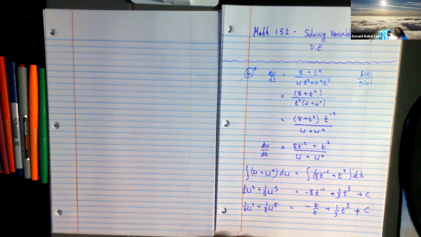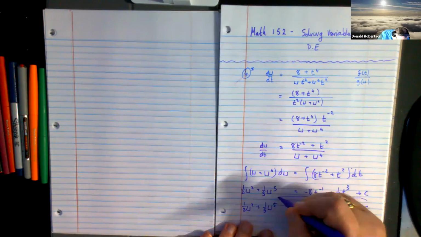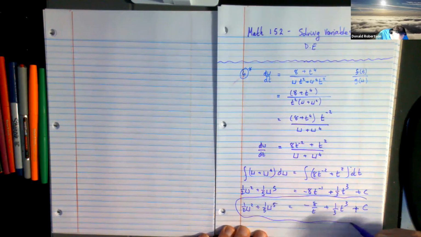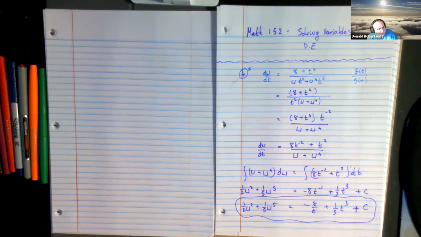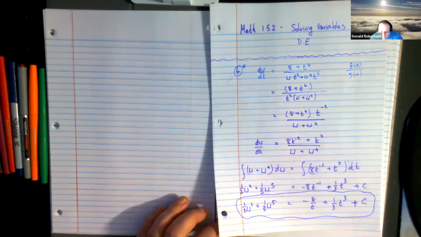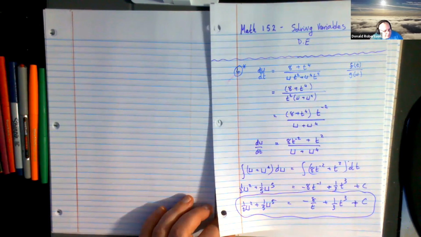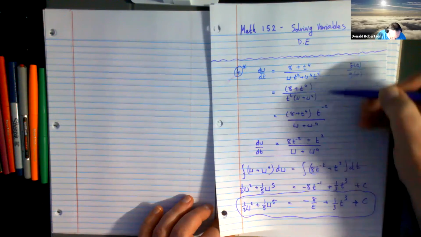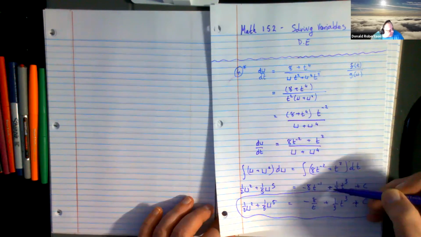But this is the answer. That's as good as we can do. It's an implicit formula, but it's still correct. Are we good with that one? Right, you had a bit of algebra at the beginning, which kind of slowed things down, but after that, it went pretty smoothly.